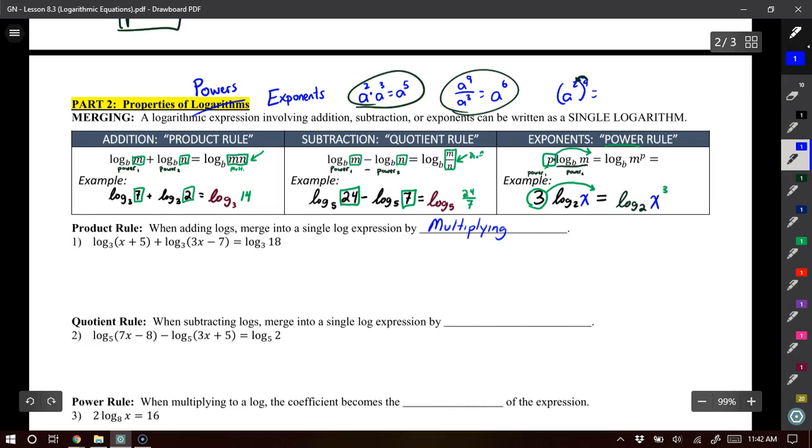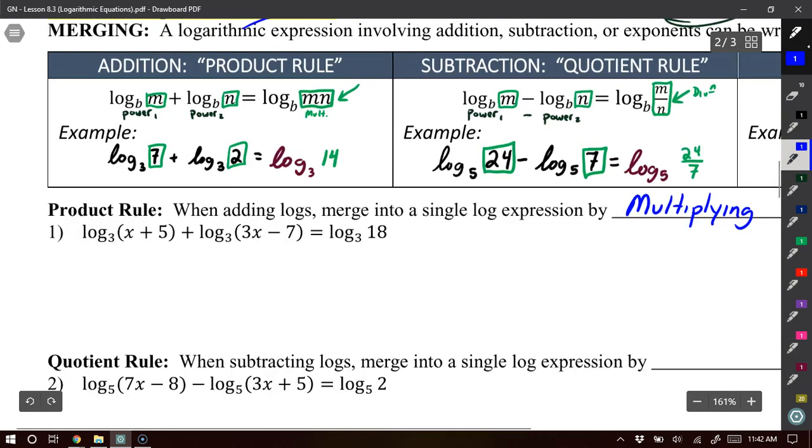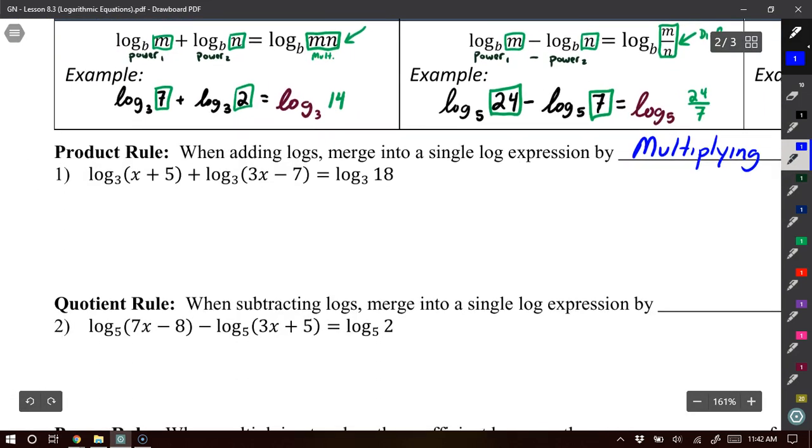That's what we're going to do. So when I look at this first one, log base 3 of x plus 5 plus log base 3 of 3x minus 7 equals log base 3 of 18, right away, I see a plus sign. That tells me I have to merge my two expressions together by using the product rule. So I am going to take x plus 5, and I'm going to take 3x minus 7. I can take that entire left side. Let me leave the right side alone, log base 3 of 18.